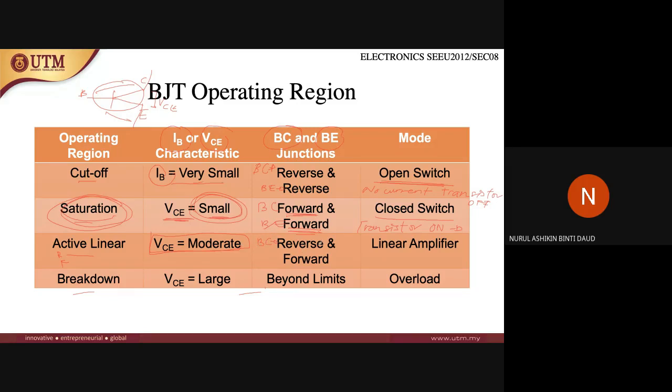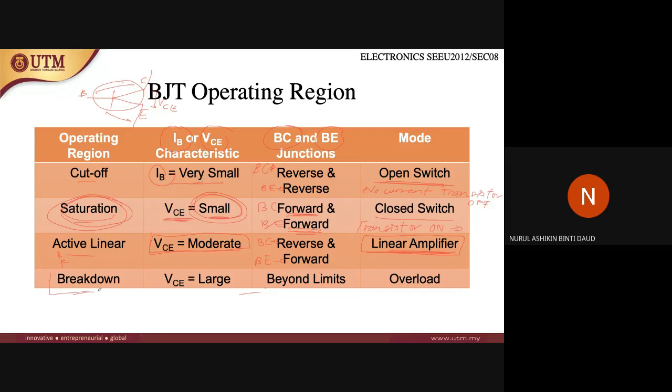BC junction is in reverse bias and BE junction is in forward bias. So at this region, the transistor will work as a linear amplifier. Okay, it will work as linear amplifier.